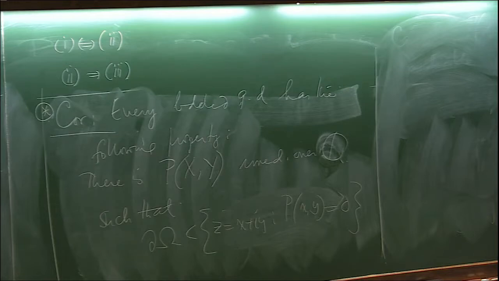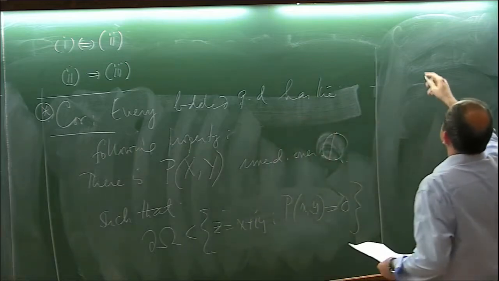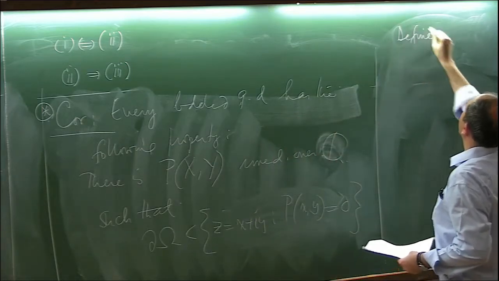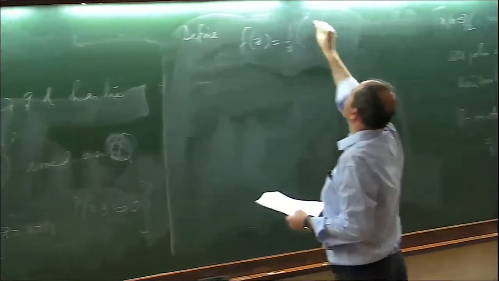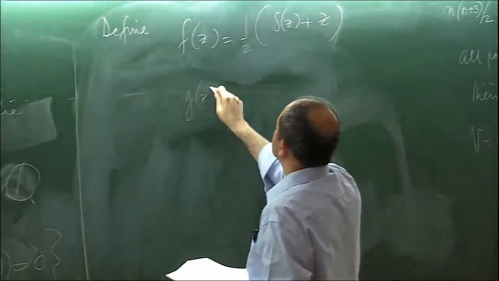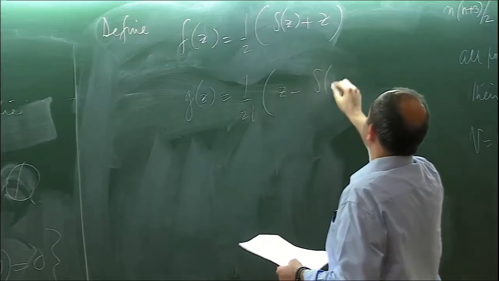I'm given the existence of this Schwarz function S, which equals z bar on the boundary. So let's create 2 new functions. Define f of z to be 1/2 of (S of z plus z), and g of z to be 1/(2i) times (z minus S of z).